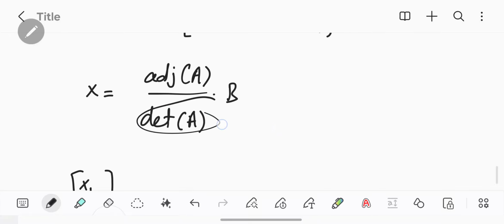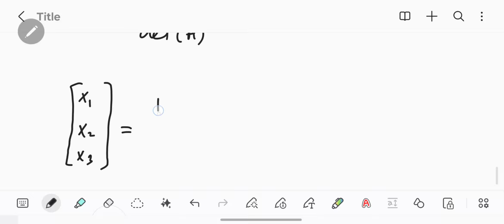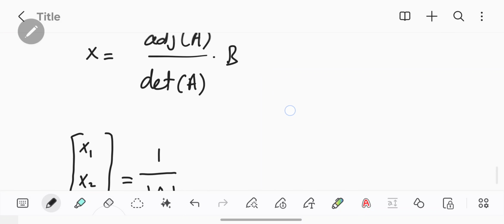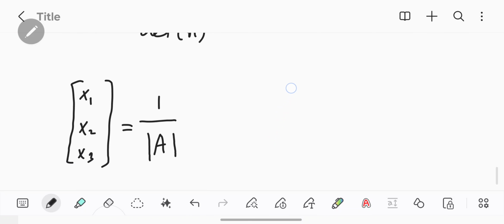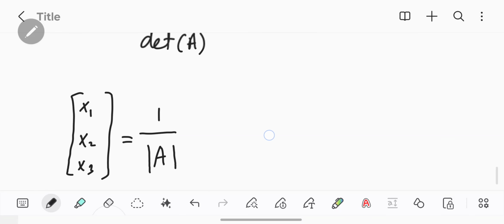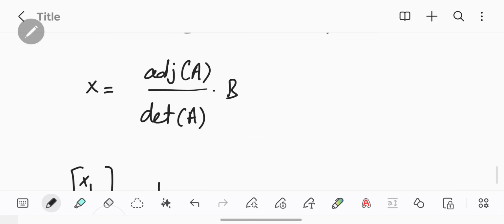And then I will write 1 over determinant of A. Usually I denote determinant of A by this notation. If you don't like this notation, you can just write determinant of A. And then I have adjoint times B.